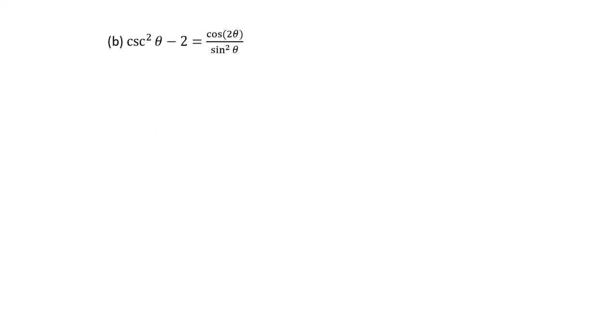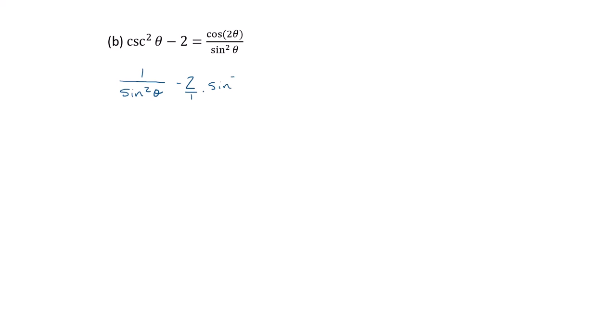Cosine squared theta minus 2 is equal to cosine 2 theta over sine squared theta. To verify this identity, let's work on the left side, the more complicated side. This is 1 over sine squared theta minus 2. Now I see I have just a single fraction over here. Let's see if I can get these two terms together. That means we'll need a common denominator.